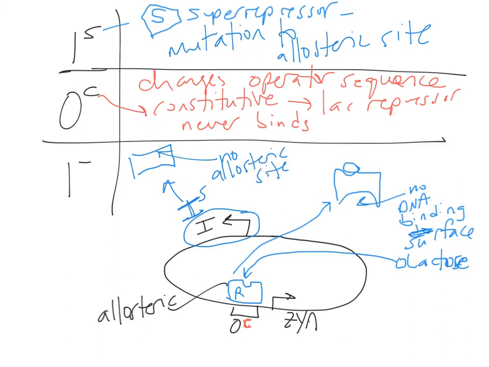So it gets rid of the allosteric site, so it can't be regulated by lactose anymore. So presence of lactose, absence of lactose, doesn't matter. All lac repressor is going to do is what it knows how to do. It's going to go bind DNA and repress, and you can never get rid of it.